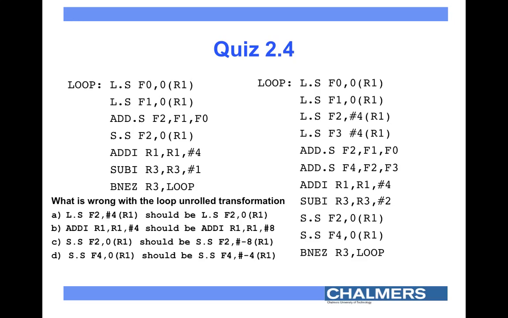And that is wrong. It should actually be as it is. It should be 4 because it refers to the second iteration.